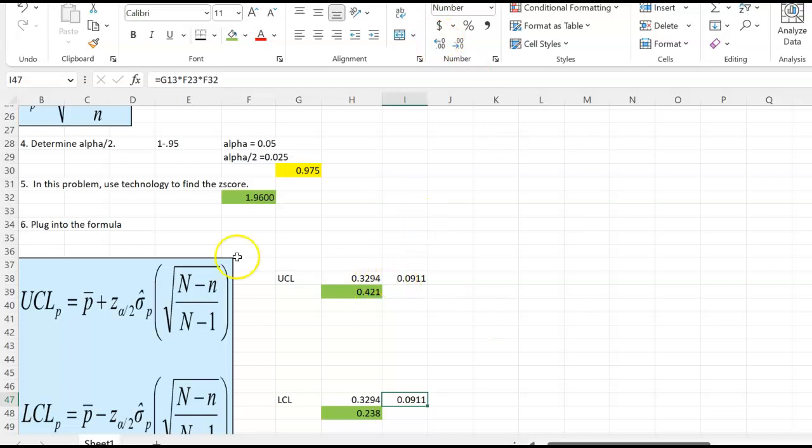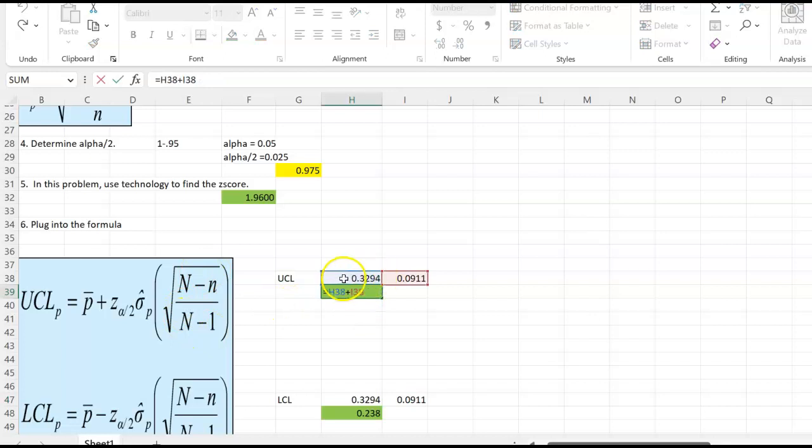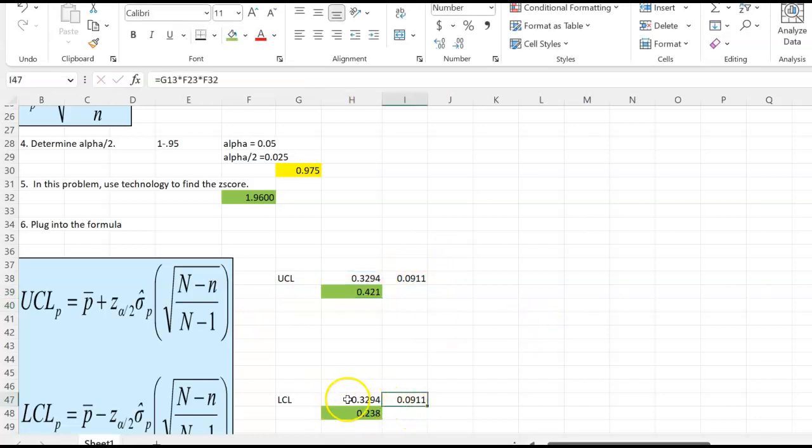Now all I have to do is add for the upper. I'm going to say P plus all of this that I just multiplied. And then here I'm going to say P minus that.